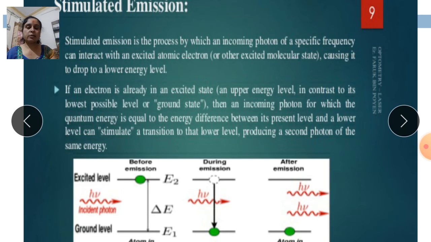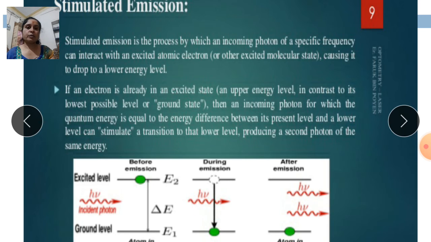So in stimulated emission, the atom already present in the excited state goes through a forced transition.